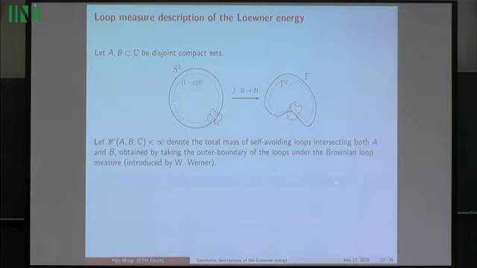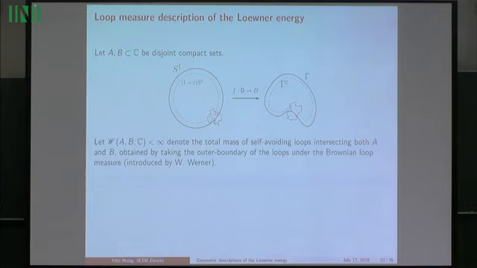So it doesn't make sense to look at all the loops attached to the curve, because they're all infinite. But there's a way: instead of taking the loop, I take the outer boundary of the loop. This helps us get rid of the very big Brownian loops, because if you have a huge Brownian loop, then its outer boundary will not hit the curve anymore.